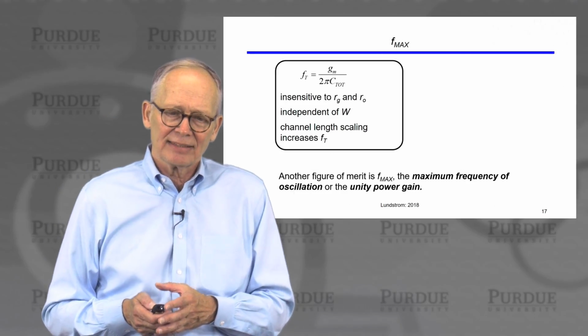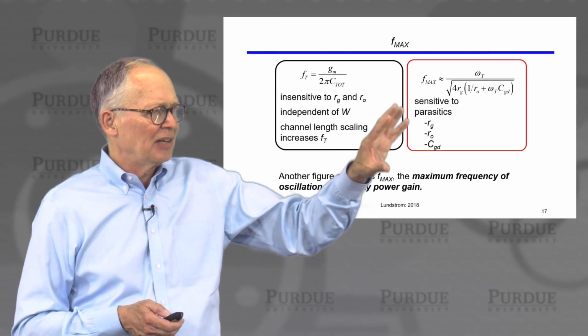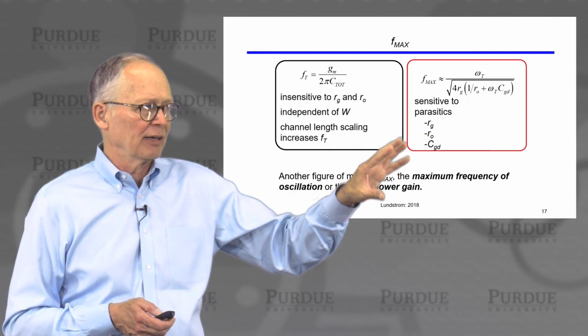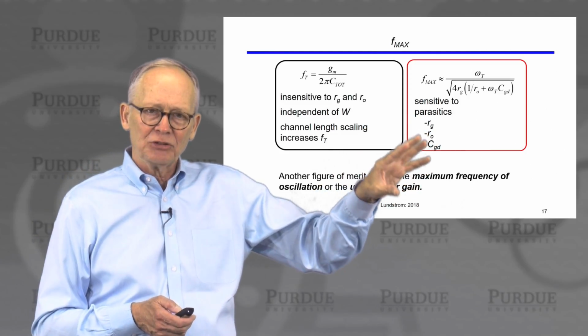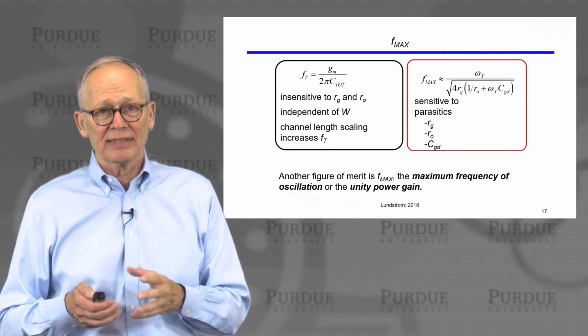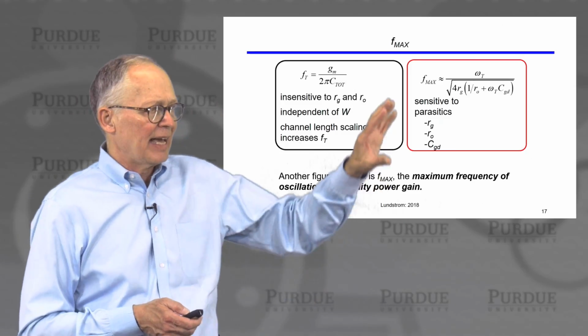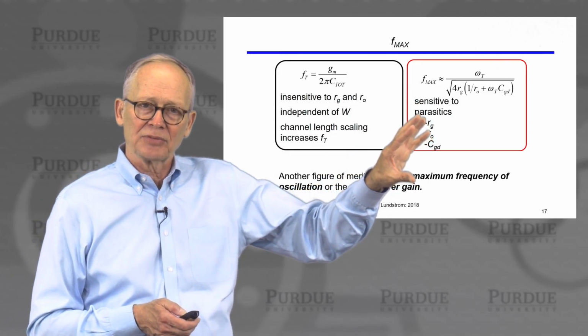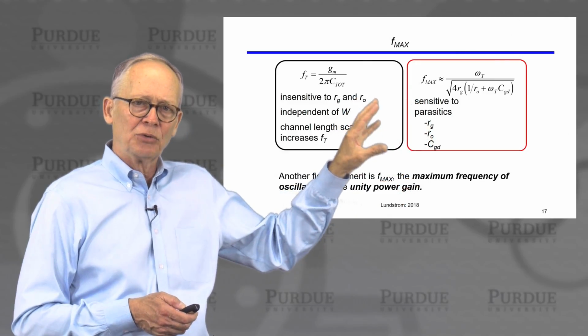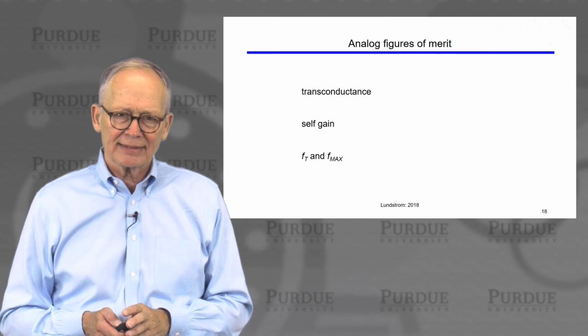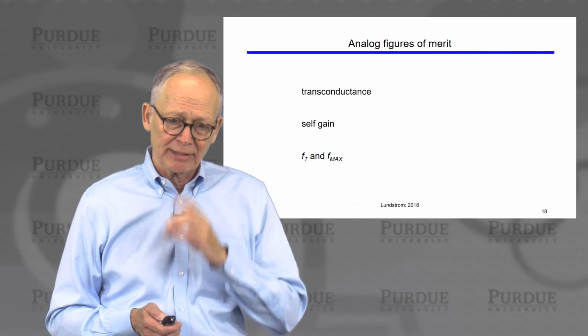That requires the analysis of a different kind of circuit, and I'll just show the results here because frequently, both numbers are quoted. Both numbers need to be high if we want to operate realistic RF analog circuits at high frequencies. f max is more sensitive to several of the parasitics that just don't happen to come into play when we measure f t. So both f max and f t are important figures of merit.